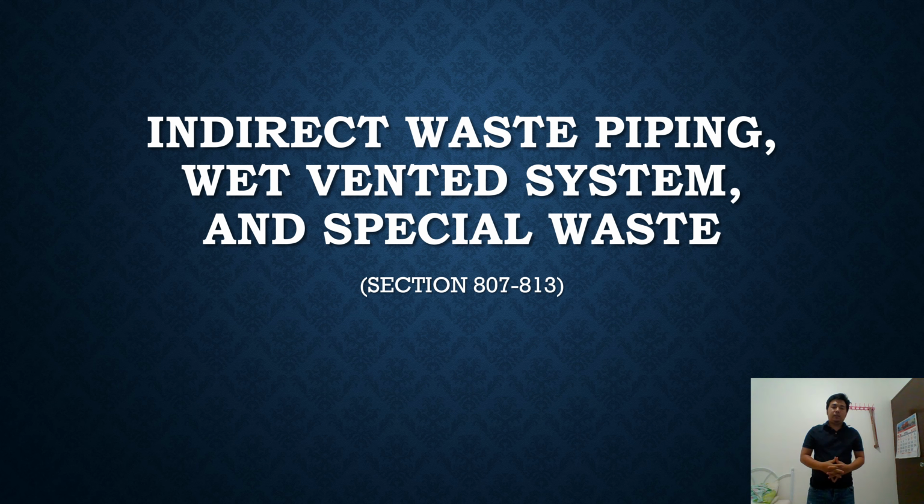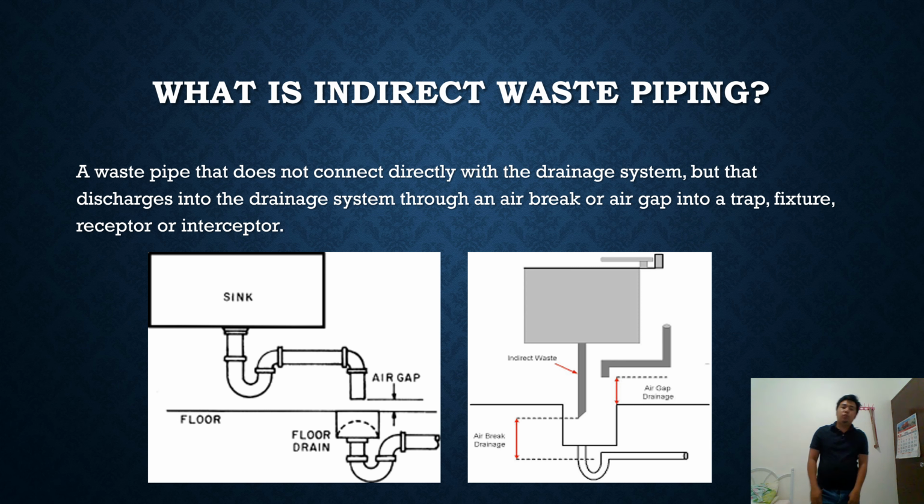My topic is all about indirect waste piping, wet vented system, and special waste under section 807 to 813. First, what is indirect waste piping?